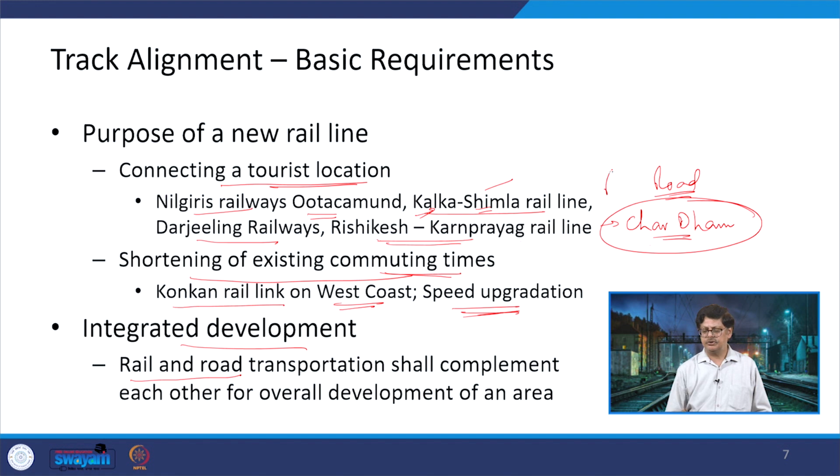So it is a combination of rail and road, or it can also be a combination of air and road. That the two systems complement each other is an important aspect of any development in an area.